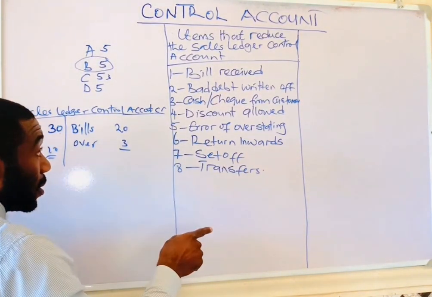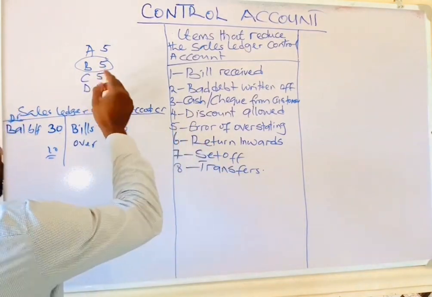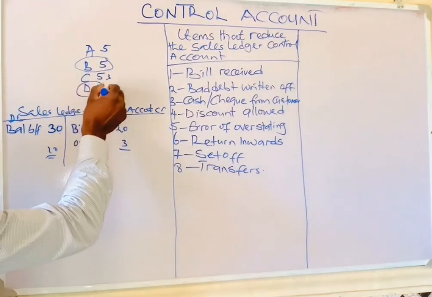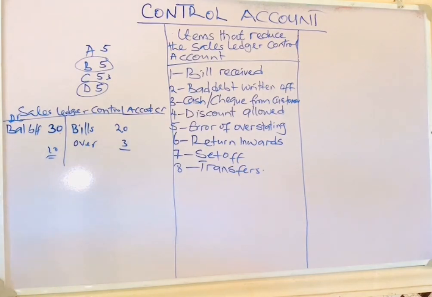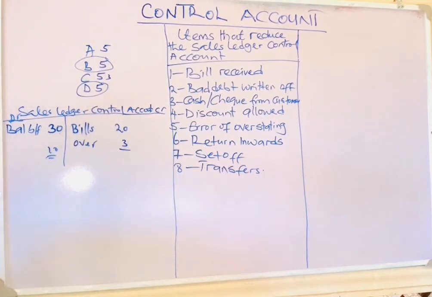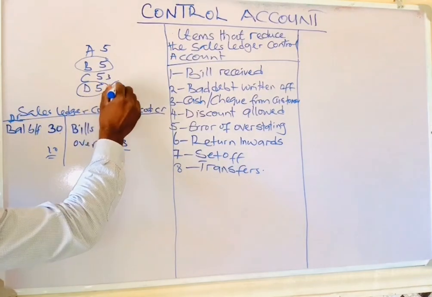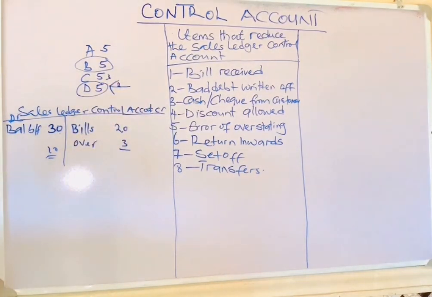Set off. This set off means these customers, let's say this customer D, is supposed to pay all these $5, but we're in business with this customer D. We buy some items from him, and as well we sell to him. So we've bought items from this customer, say $2 on credit. So the customer might wish, based on our agreement, to set off the balance.